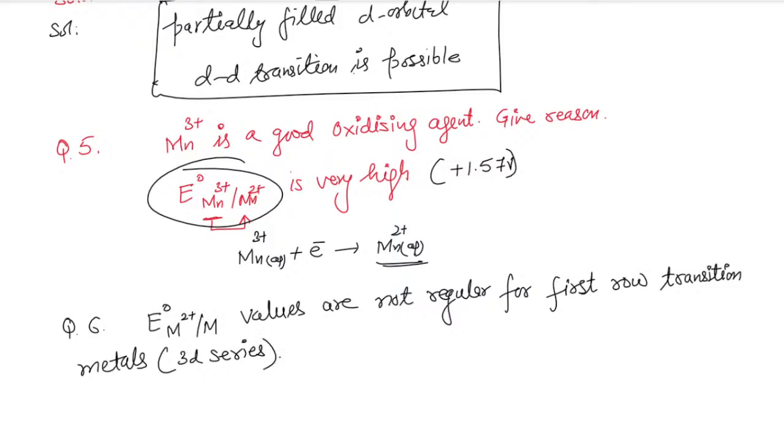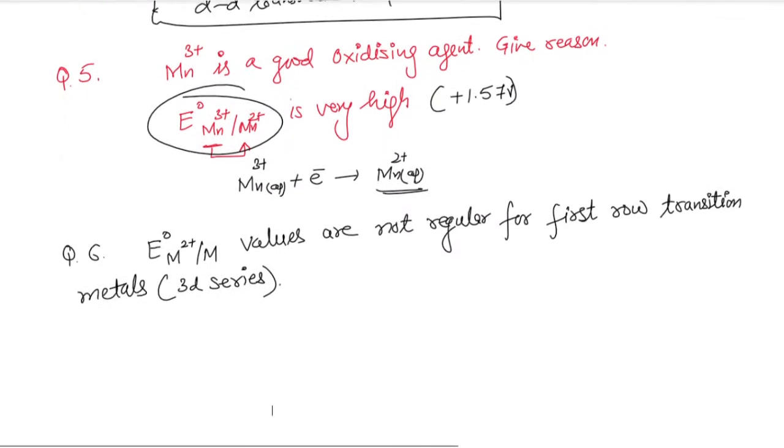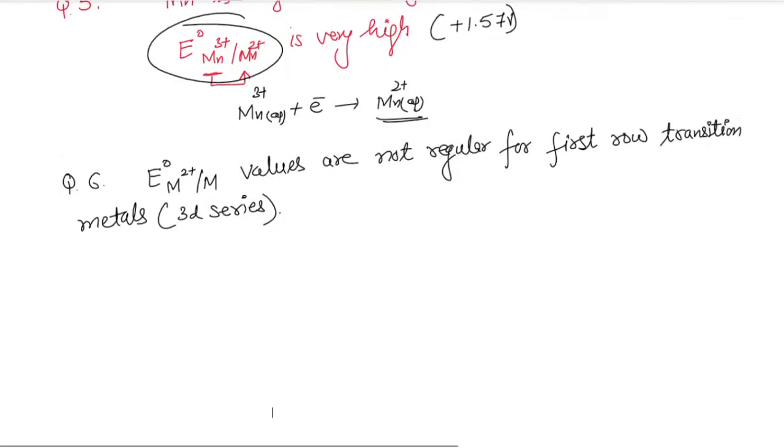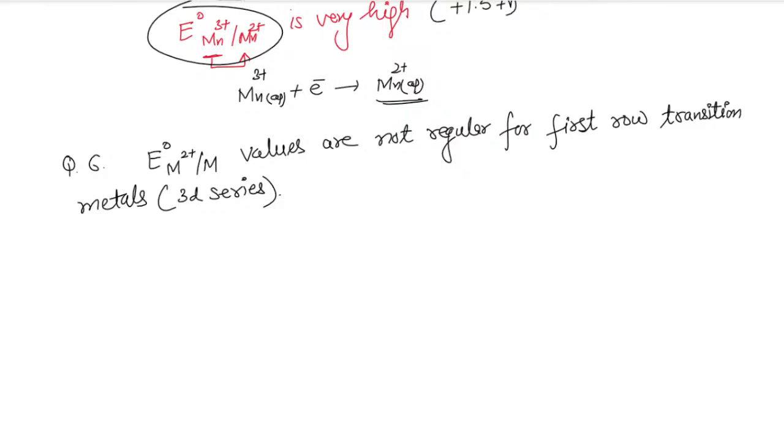So tell me the reason. E naught of M2+ to M values are not regular for first row transition metals. Yes. What is the proper reason for that? Can you guess? Yes, beta. Any guess?